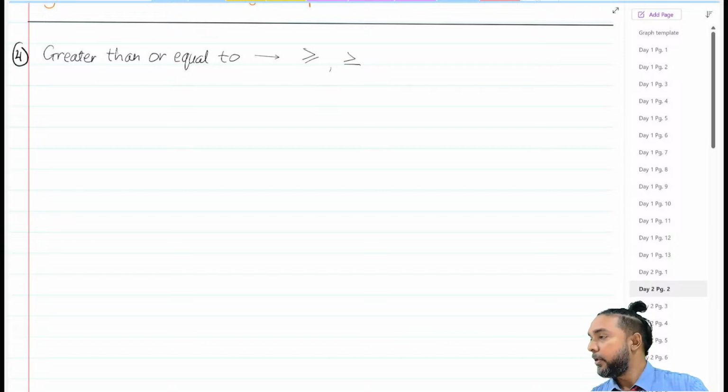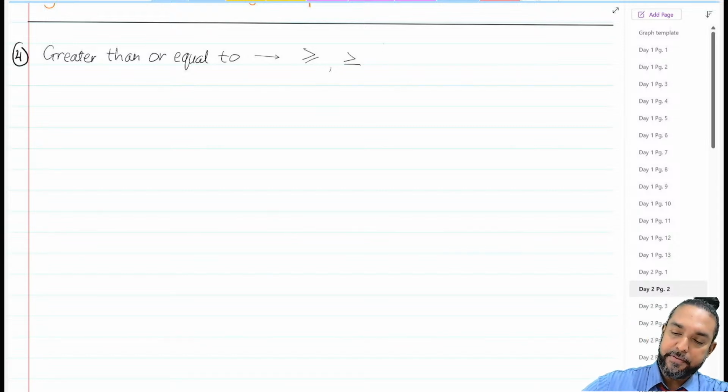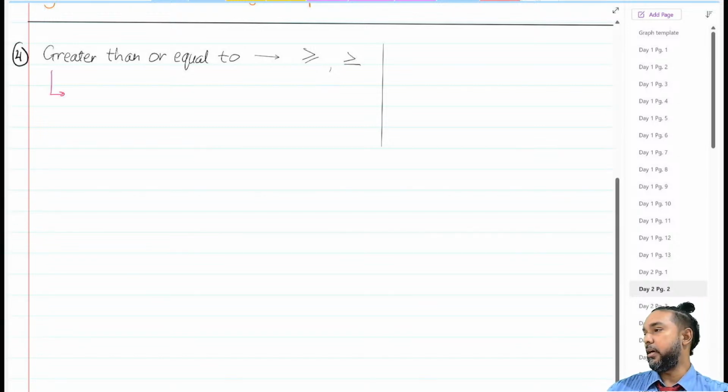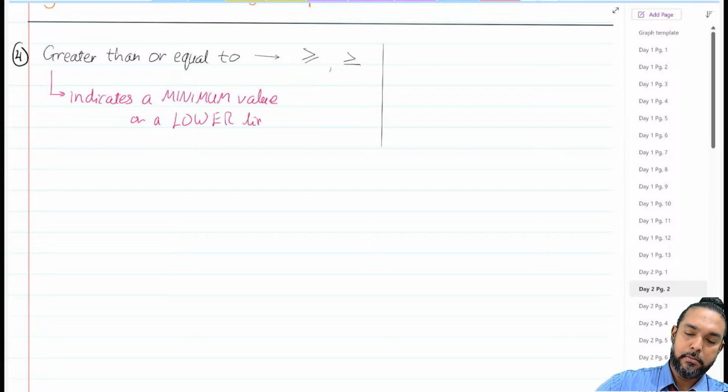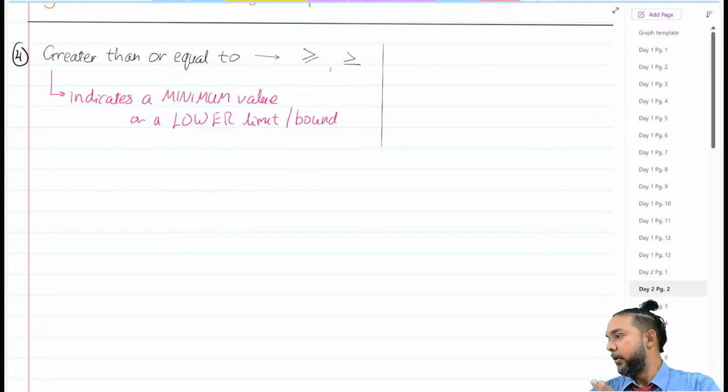Again, they mean the same thing. Of course, you have some phrases to go along with it. This indicates minimum value, or a lower limit or bound, or lower boundary, that kind of stuff.